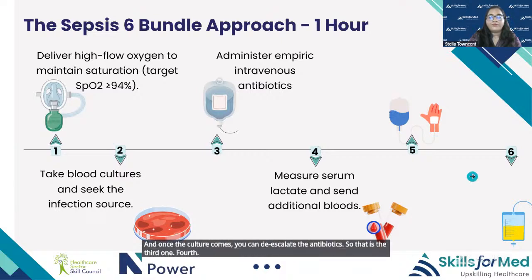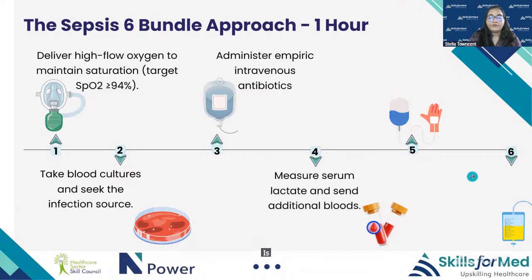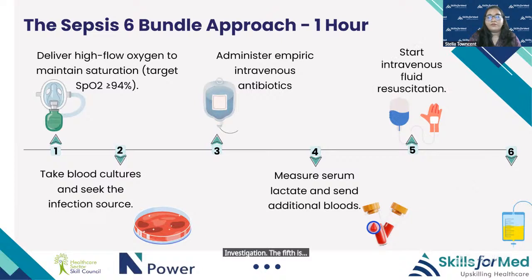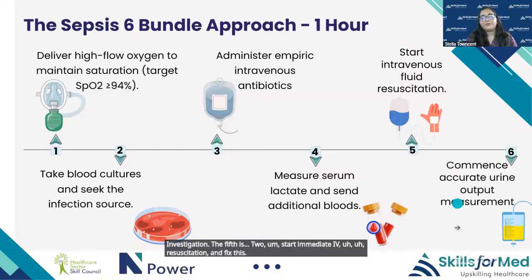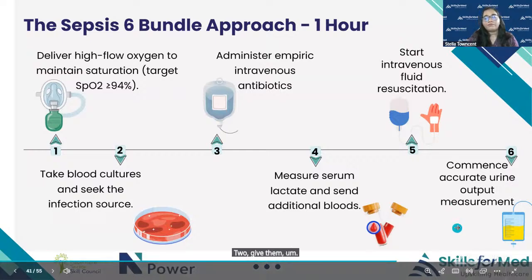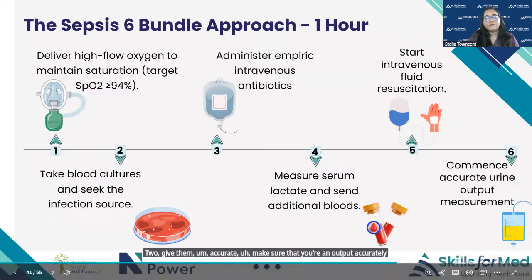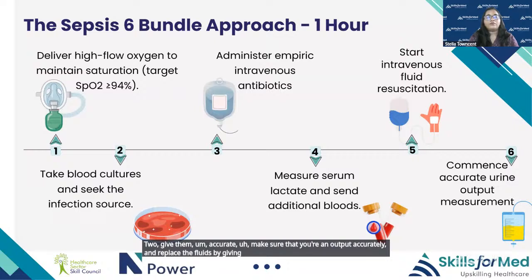Fourth is to measure the serum lactate and take the additional blood labs for further investigation. The fifth is to start immediate IV resuscitation. And sixth is to measure the urine output accurately and replace the fluids by giving them crystalloids.